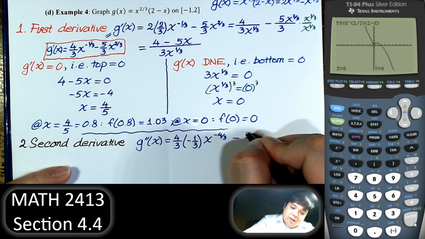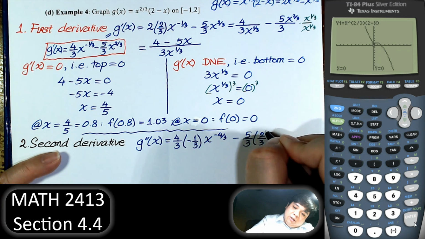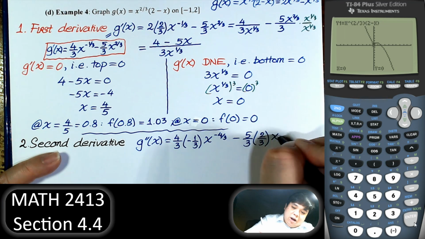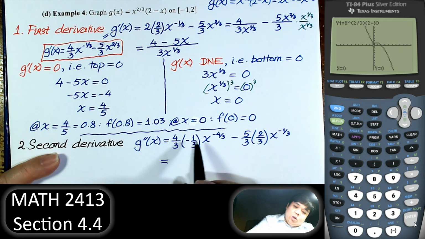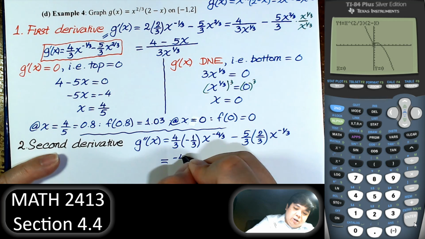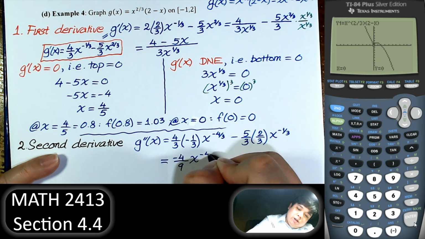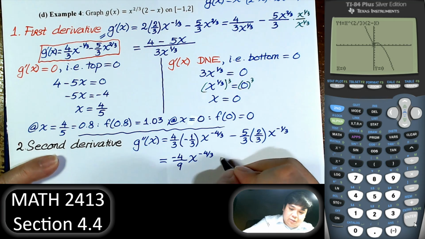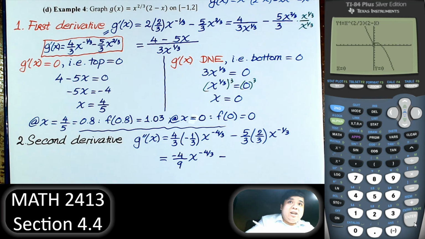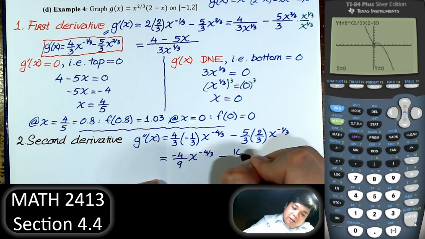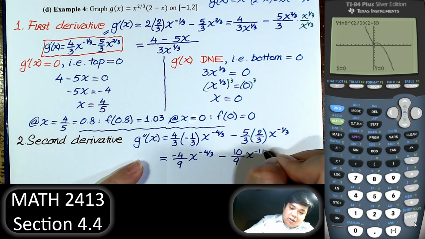Minus 5/3, take down the power, original power minus 1. Multiplying, we have negative 4 over 9 x to the negative 4/3, negative 10 over 9 x to the negative 1/3.